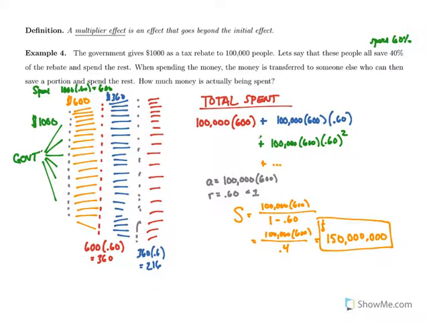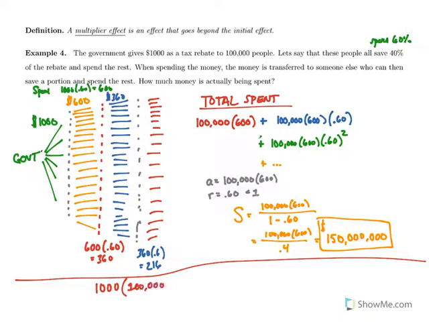And let's think about at the beginning, just to kind of see what we're talking about here. At the beginning, the government gave $1,000 to 100,000 people. So that is a total of $100 million.